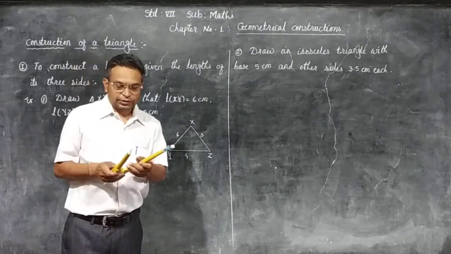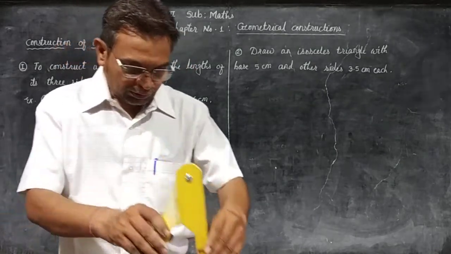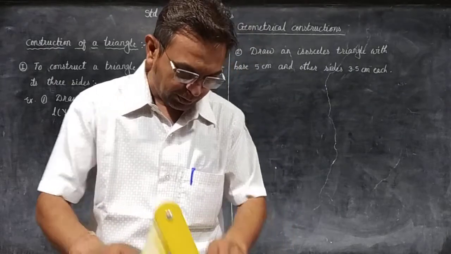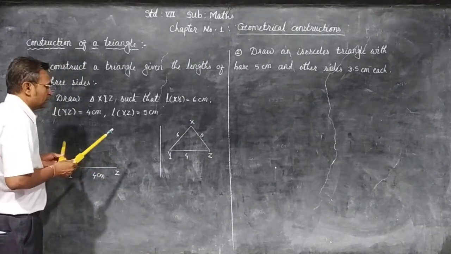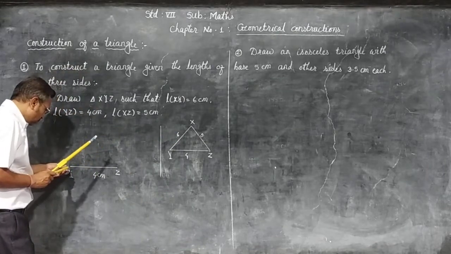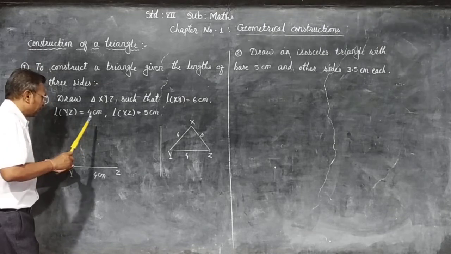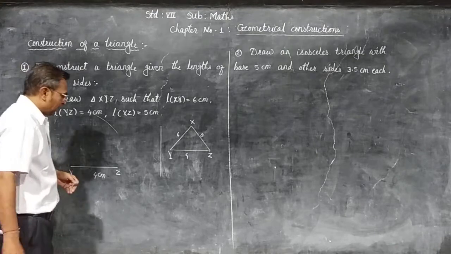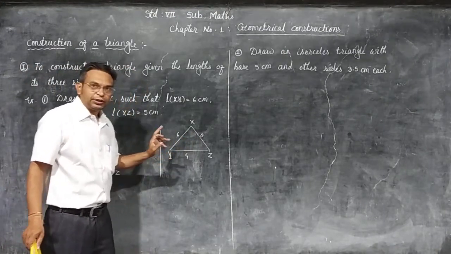Therefore, take distance from the scale in the compass 6 cm. Now, XY is 6 cm. Therefore, put the iron end of the compass on the vertex Y and make an arc. Okay. Now, length of segment XZ is 5 cm.